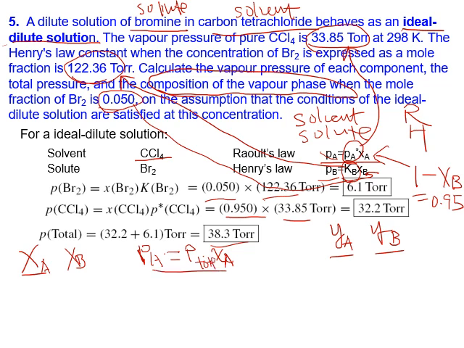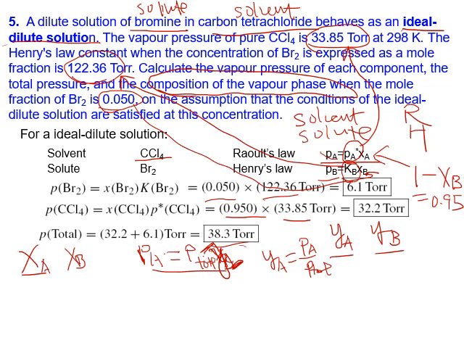So here total pressure is 38, and the mole fraction should be YA, in the gas phase. And so YA should equal the partial pressure divided by the total pressure.